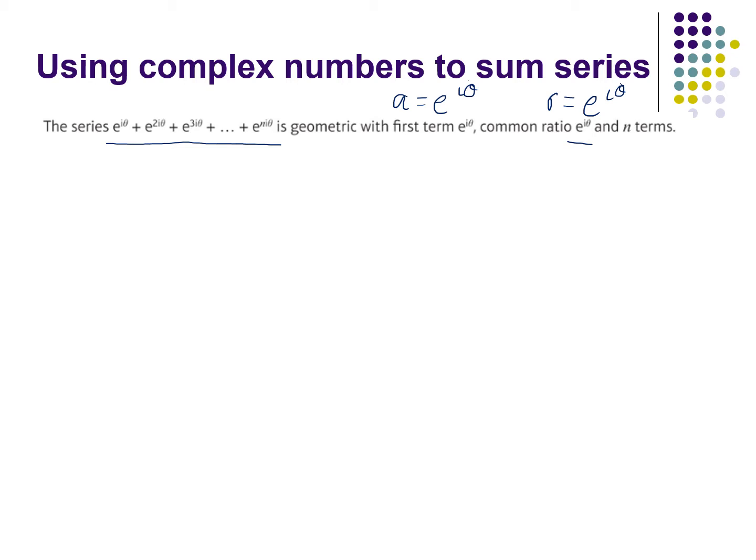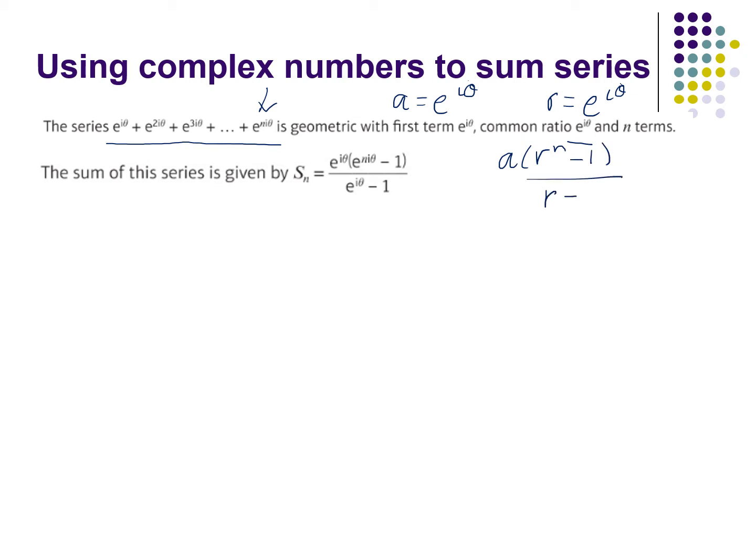Now this series here is a finite series, so it's the first n terms. So I can find an expression for the sum of the first n terms using my formula. Here's my formula: a times r to the n minus 1 over r minus 1.